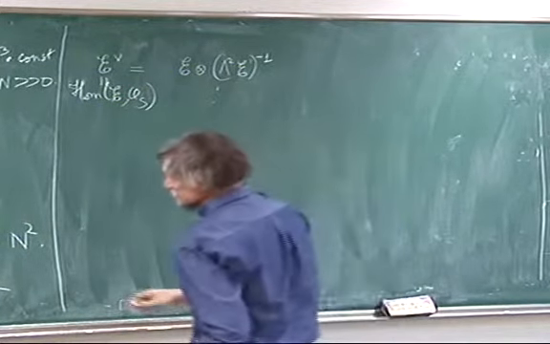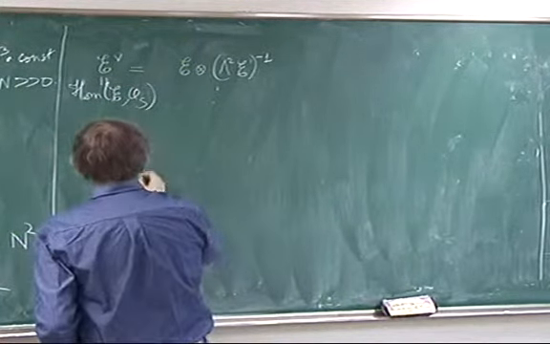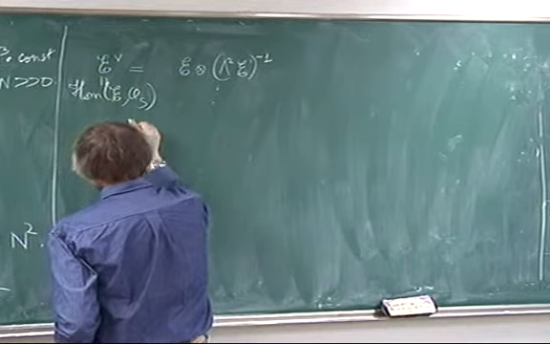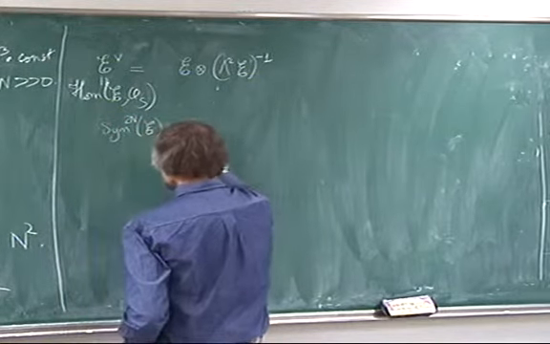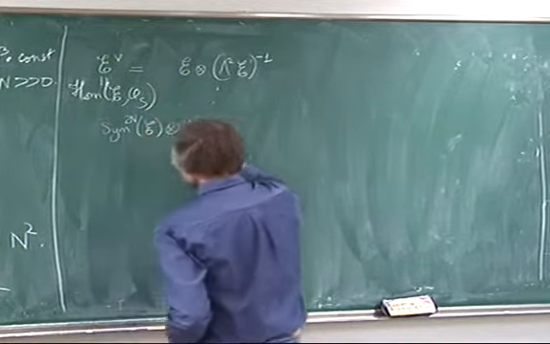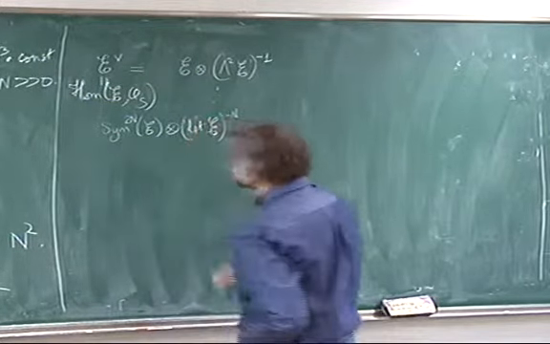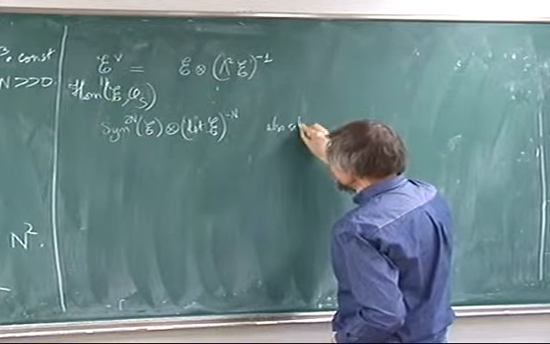So the conclusion is that when I do this Sym 2n of E tensor determinant E to the minus n, this is also self-dual.